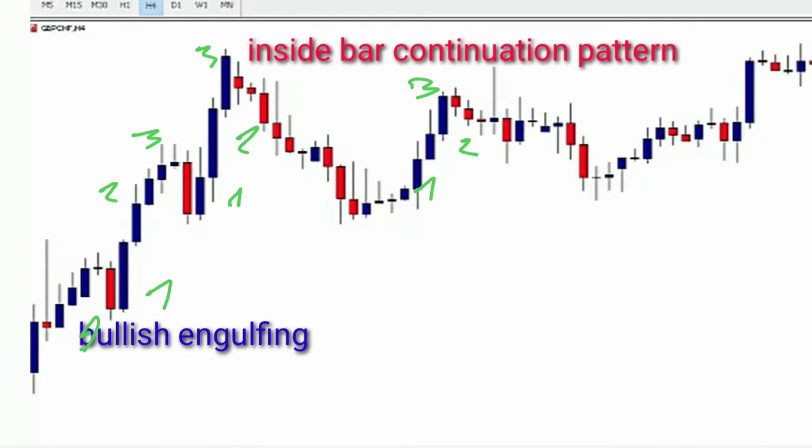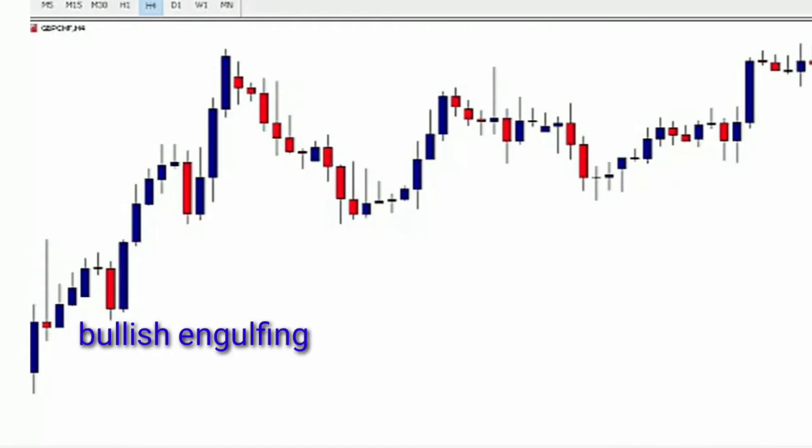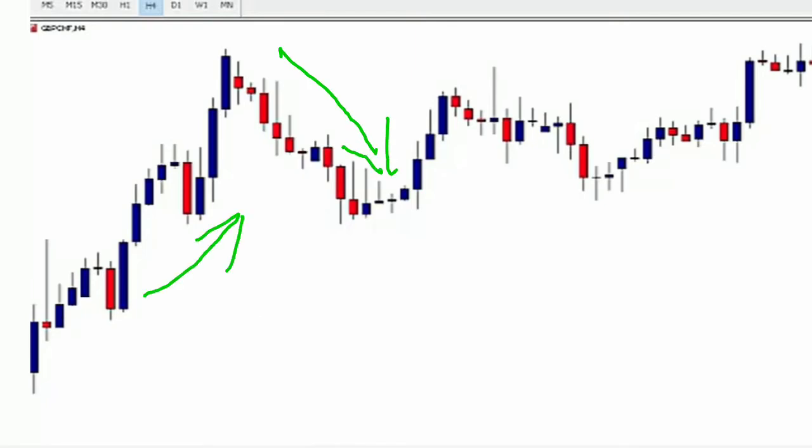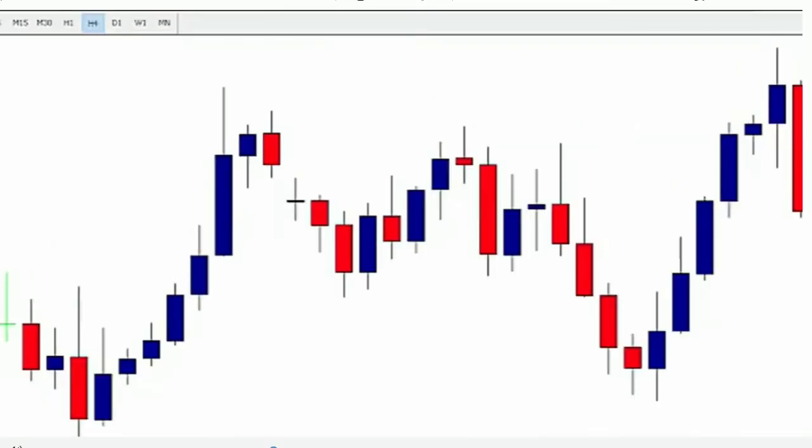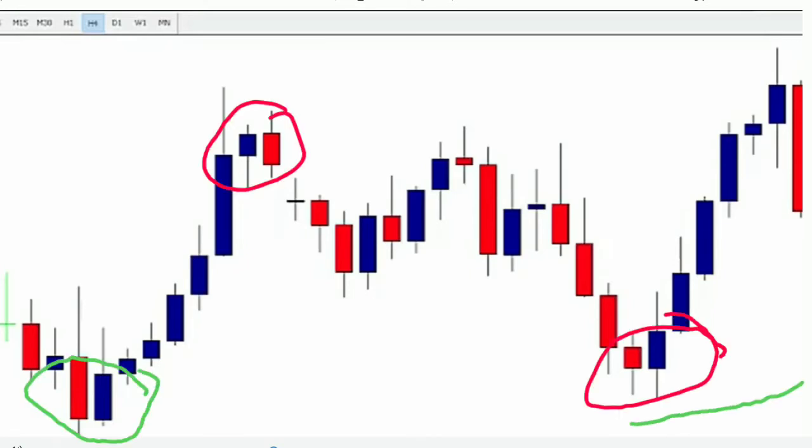This is still to emphasize the fact that market will move in 3 consecutive bullish candles or 3 consecutive bearish candles after a bullish engulfing, a candlestick rejection, or an inside bar or any reversal pattern. Take a look at the enclosed region, the circles. What can you identify? This is a direct application of the inside bar.